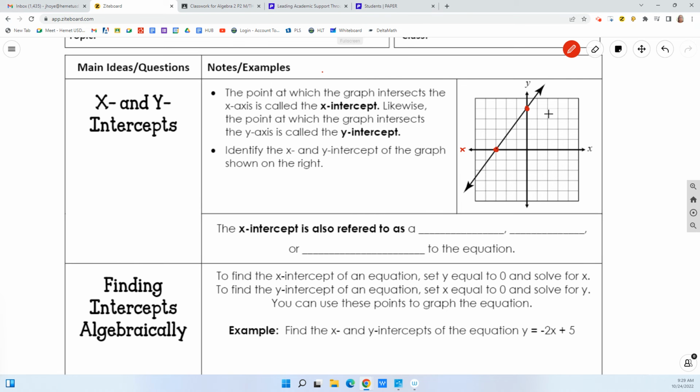Now, the x-intercept has a lot of different names. You can call it an x-intercept. A lot of times it's called a root. It's called a zero. I'll explain why they'd call it a zero in just a second. And they also call it a solution to the equation, right?